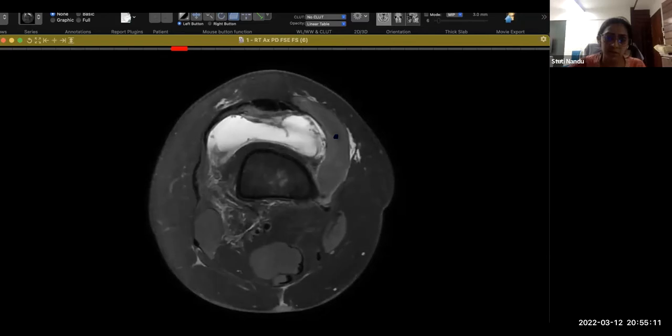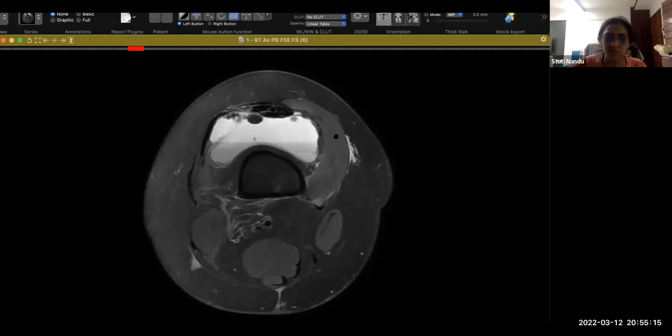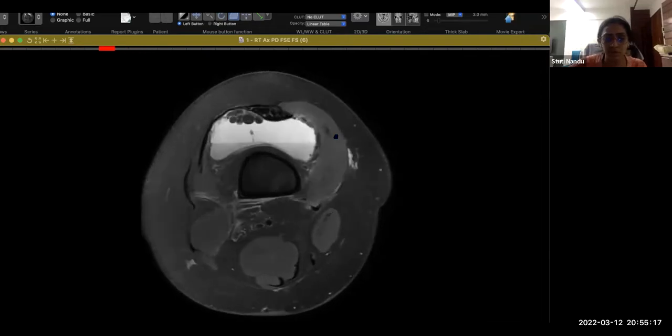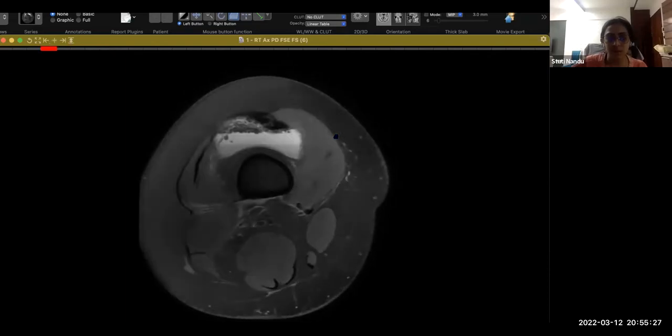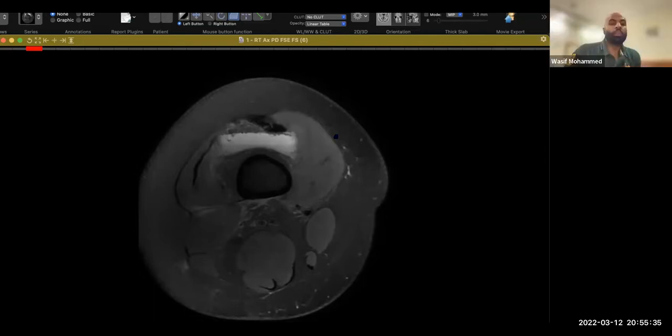I am looking at any evidence of fractures. I do not see any obvious fracture. However, I would like to correlate with T1 weighted images to see any obvious fracture lines. I can see that there is fluid signal seen in the joint effusion, likely due to hemorrhage. And I would like to correlate with the history of the patient. The patient had a traumatic fall on the knee.